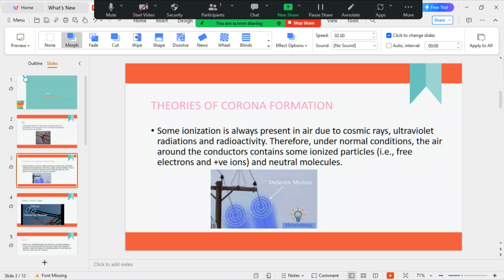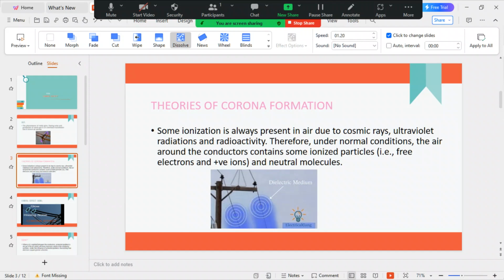Under some conditions in the atmosphere, there is ionization of the air due to cosmic rays, ultraviolet radiations and radioactivity, and these are the factors that bring what we are referring to as a corona effect.